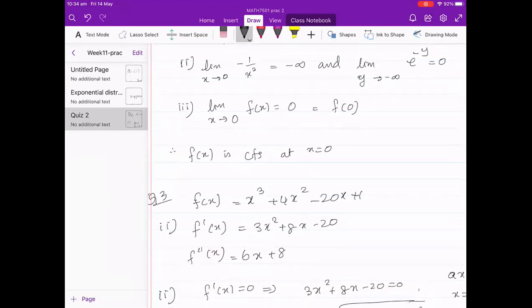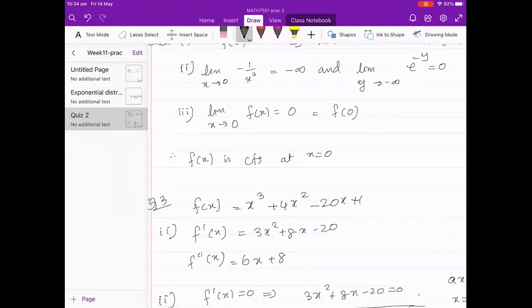When you solve for x, how do you find that solution? 3x squared plus 8x minus 20 equals 0. How many solutions would there be? It's a quadratic equation. You have 2 solutions. How do you find the solution?